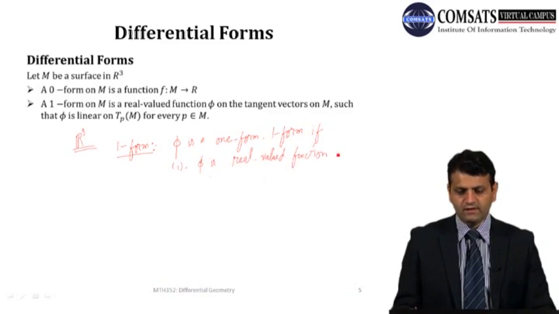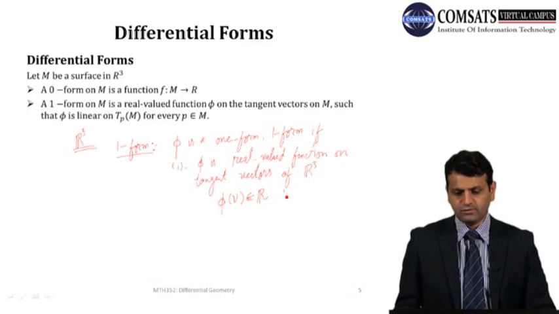If phi is a real valued function on tangent vectors of R3. So basically phi is a function which takes vectors, tangent vectors to R3 at any point P, and it gives us real numbers. So for all tangent vectors V. Secondly, phi is linear.